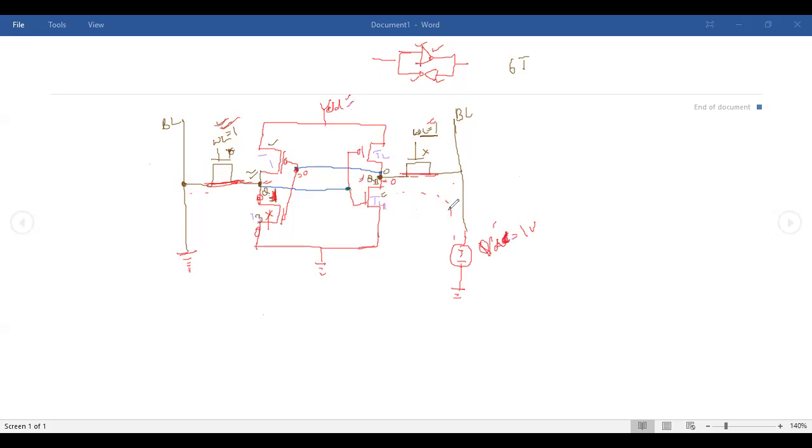So now we'll see what happens because your WL equals 1 in both cases. You will see that these transistors, let me name them T5 and T6, are on, means they behave as short circuits.